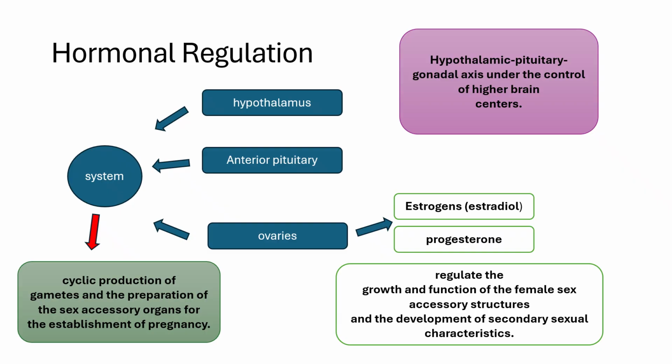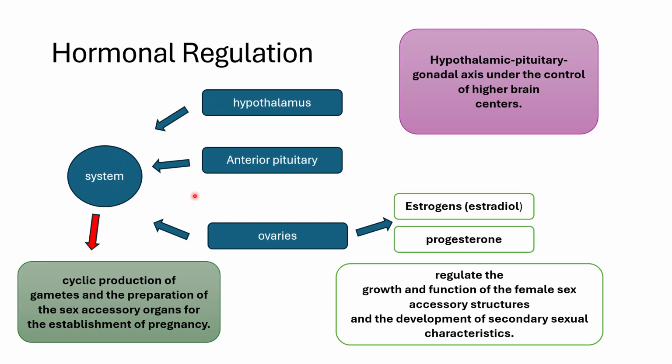And the last thing I'm going to be talking about is the hormonal regulation. The female reproductive system is controlled by hormones. And these hormones are produced in three different organs: hypothalamus, anterior pituitary, and ovaries. So these three produce hormones, and these hormones control the female reproductive system.